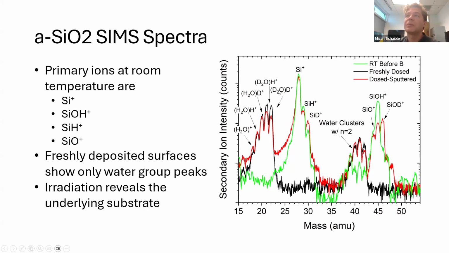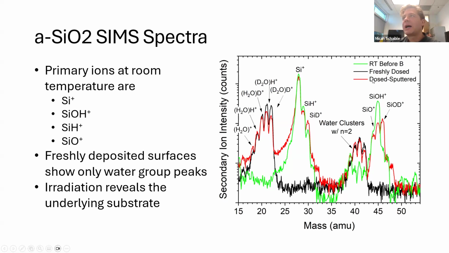So we see exclusively these water cluster ions, which are dominated by the D2OH+ and the D2OD+, with smaller abundances of the two water molecule containing clusters as well. We do see that there is some residual H2O in the chamber. That's just the background deposition, so it's not pure D2O desorption.